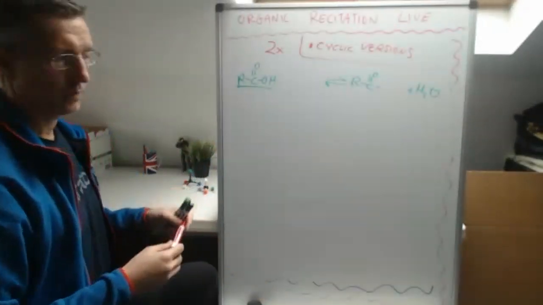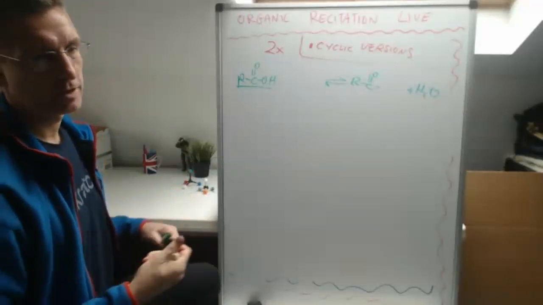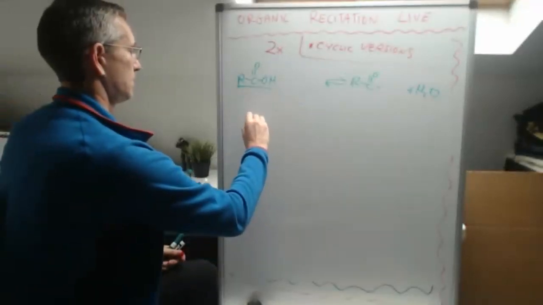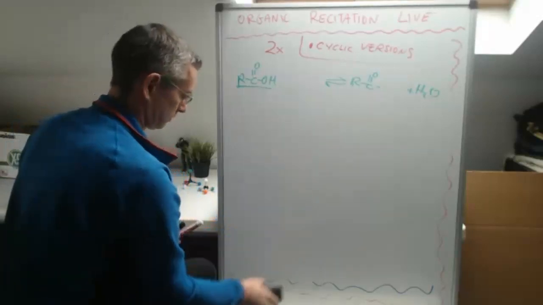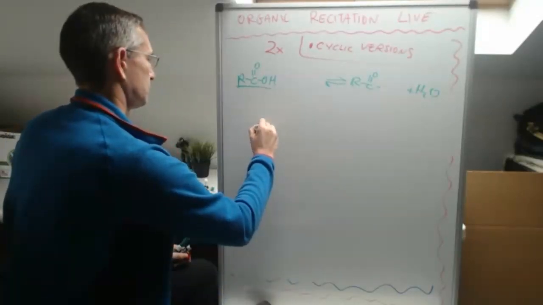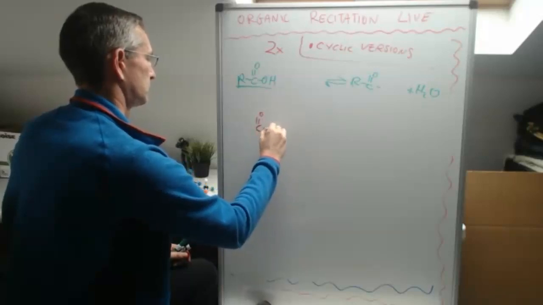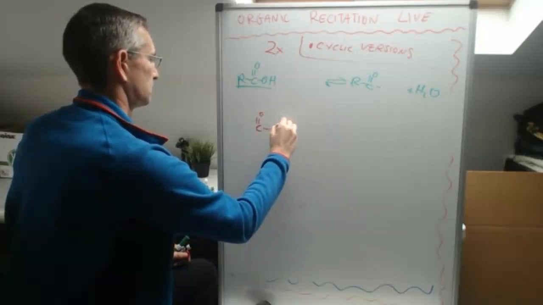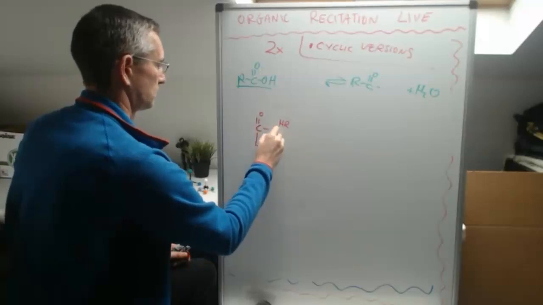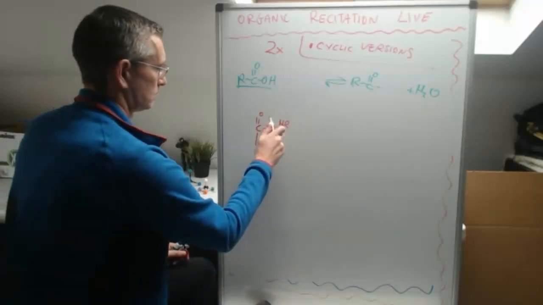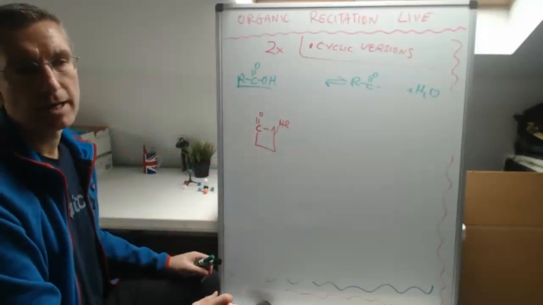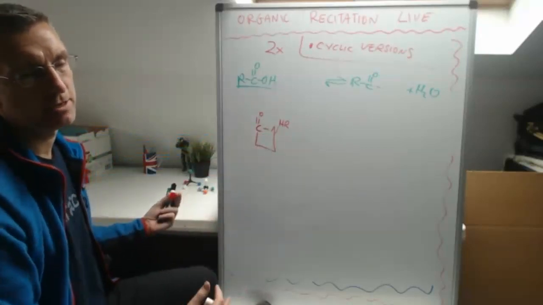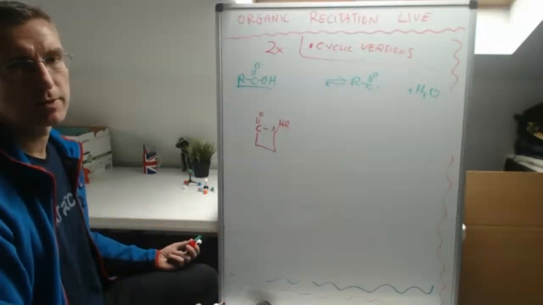So that was the first cyclic version. The second one is when you have a cyclic amide. Now the amide linkage is an integral part of that ring system.